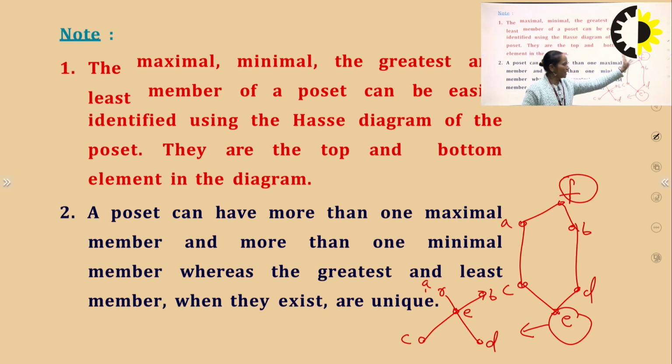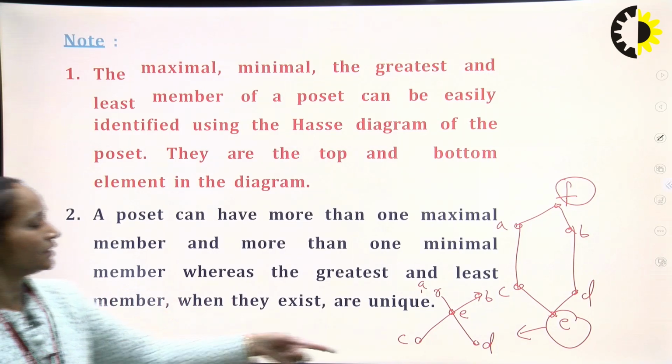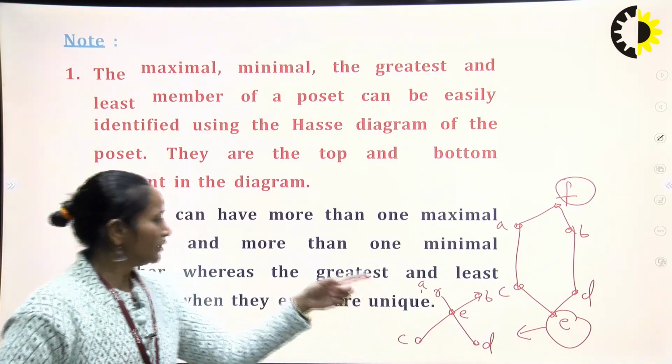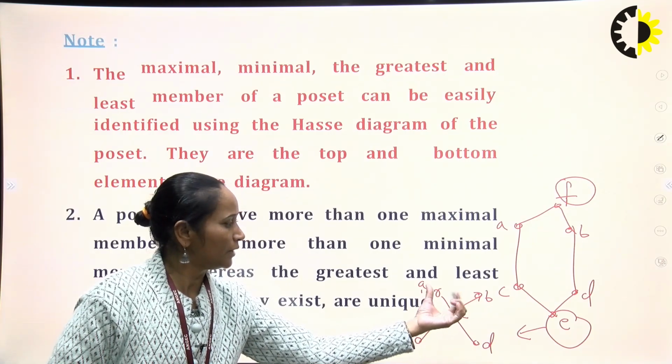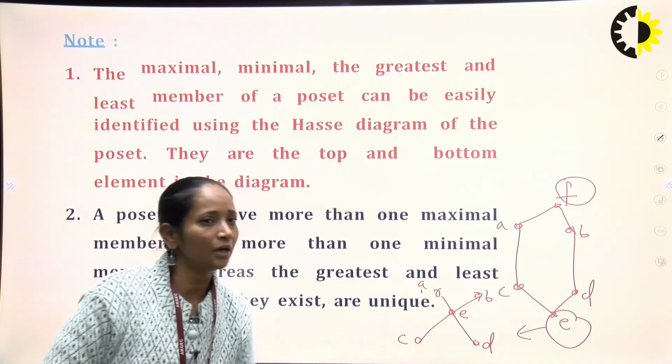But if we consider this Hasse diagram, the greatest element is F and the maximal element is also F, the least element is E and the minimal element is also E. A poset can have more than one maximal member and more than one minimal member, as I already told you, that here the maximal elements are two and minimal elements are two.